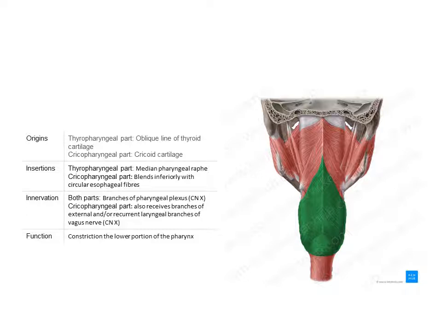Insertion: the thyropharyngeal part is inserted into the median pharyngeal raphe, while the cricopharyngeal part blends inferiorly with circular esophageal fibers. Innervation: both parts are supplied through the vagus nerve, pharyngeal plexus, and the cricopharyngeal part also receives supply from the recurrent laryngeal nerve, again a branch of the vagus nerve. It constricts the lower portion of the pharynx.